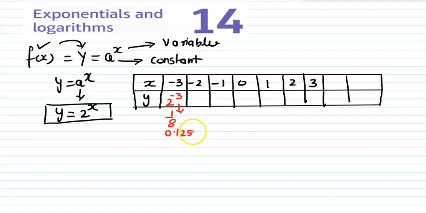Okay, go for 2 decimal places. Similarly, 2 to the power -2 means 1 over 4, which is 0.25. Now 2 to the power -1 will be half, which is 0.5.